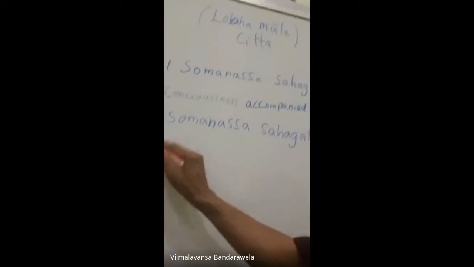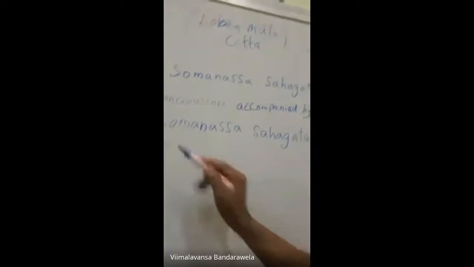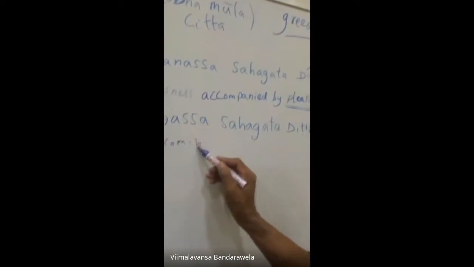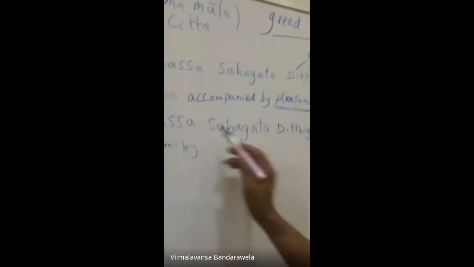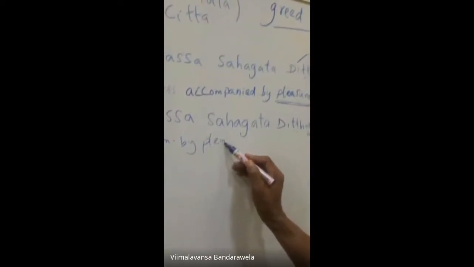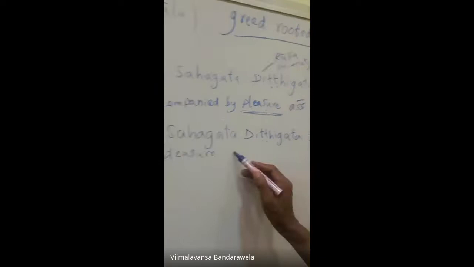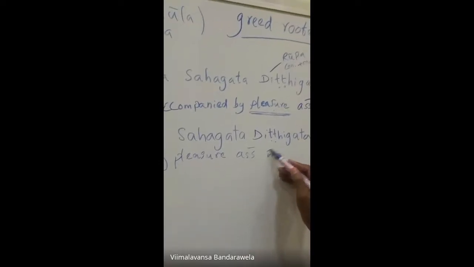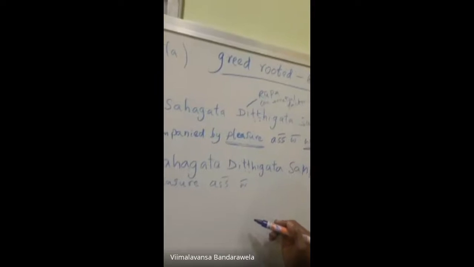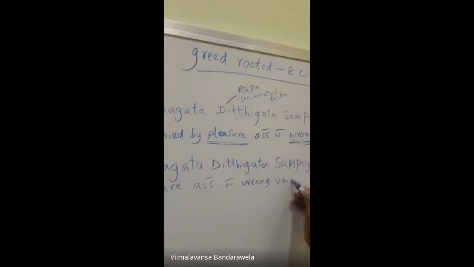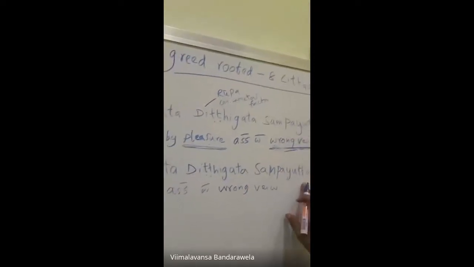The consciousness accompanied by pleasure, Somanasa Sahagata, associated with wrong view, Ditthigata Sampayutta. Ditthi means wrong view, associated with some wrong view.